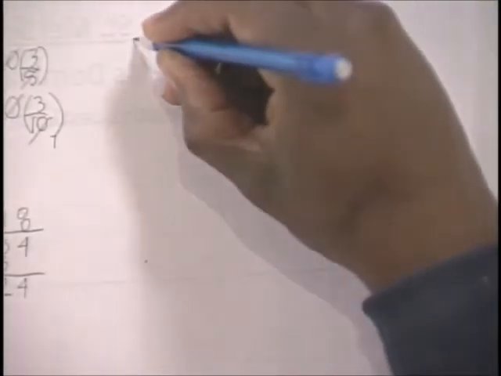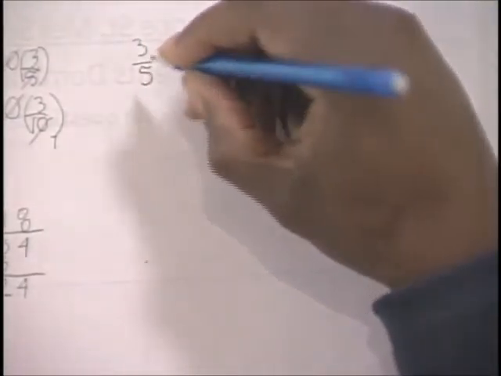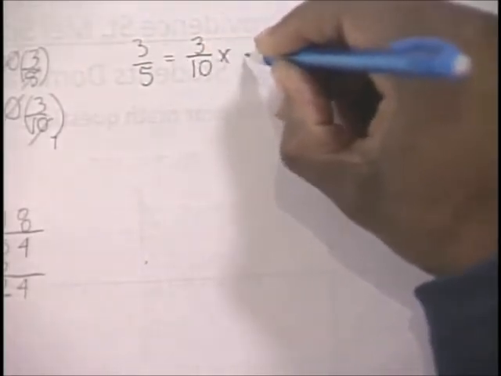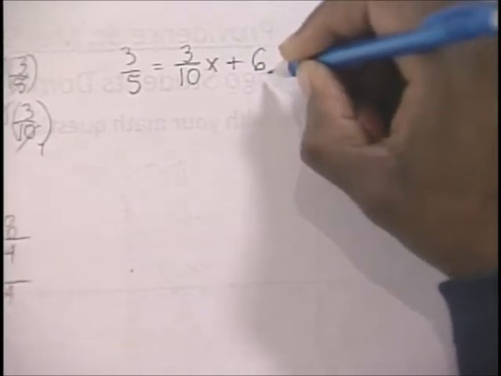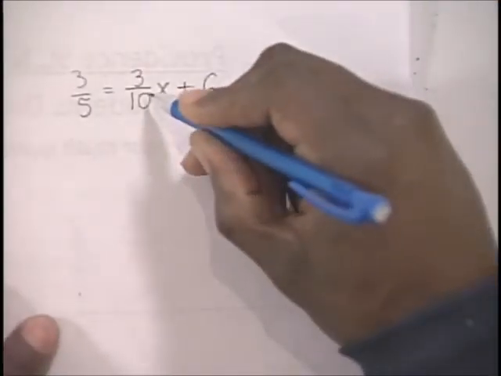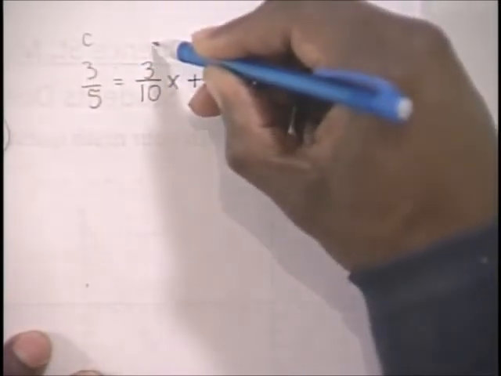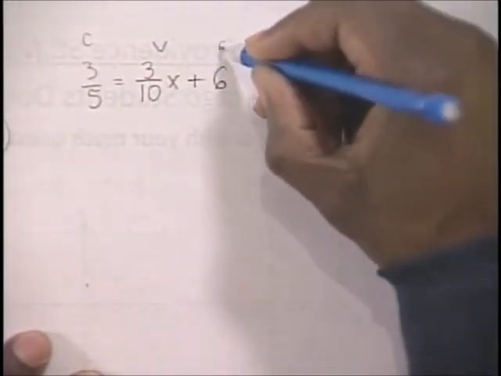All right. So what you told me the original problem was 3/5 is equal to 3/10 x plus 6. That's the original problem. So now you said you're solving for x. This is a constant, that's a variable, and that is a constant.